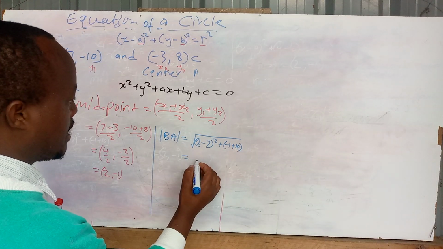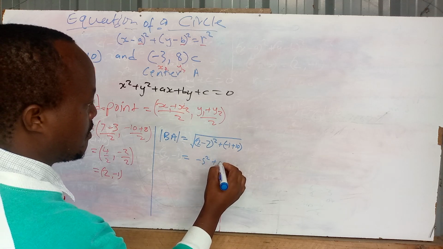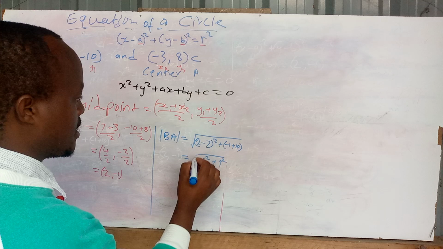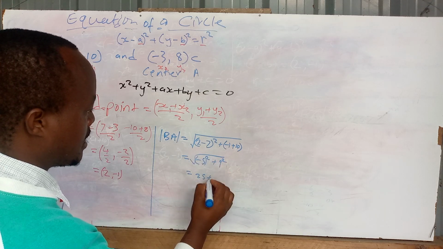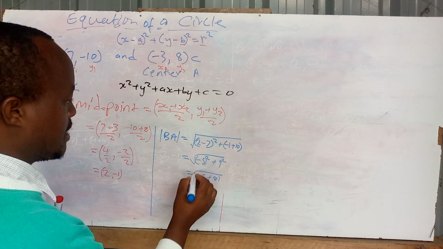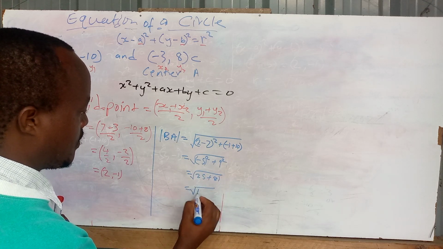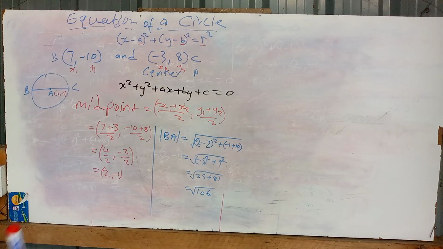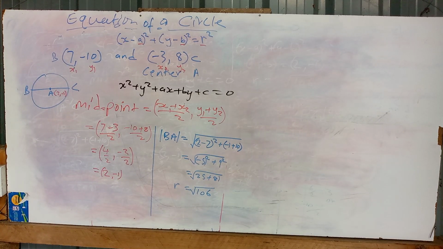So this is giving us minus 5 squared plus 9 squared, all under the square root, which is 25 plus 81, and we get the square root of 106 as the radius.